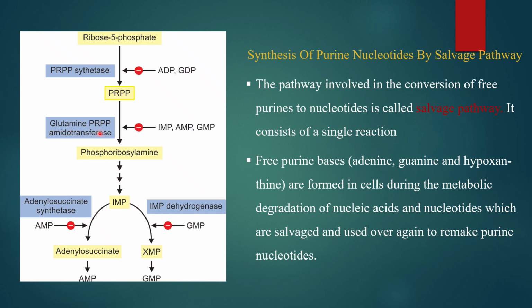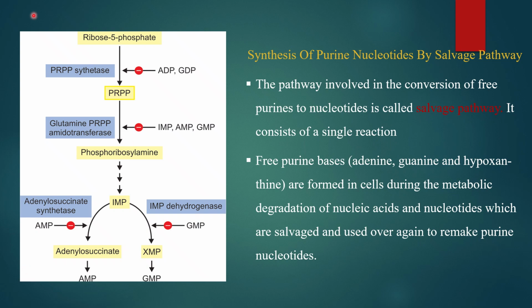Out of these, glutamine PRPP amidotransferase is the rate limiting enzyme as well. And PRPP synthetase is mainly regulated by ADP and GDP. And this PRPP amidotransferase enzyme is negatively inhibited by IMP, AMP, and GMP.